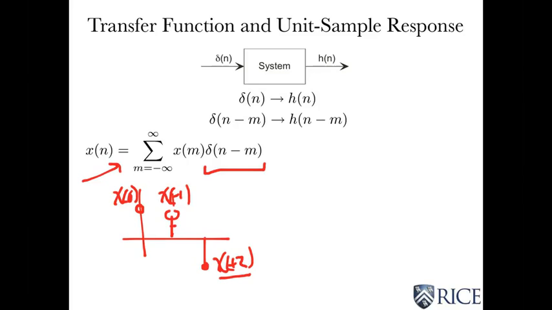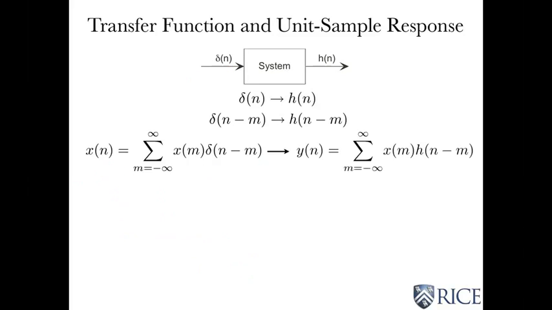That expresses the superposition. Well, if I stick a superposition of signals into a linear shift invariant system, what do I get out? I get a superposition of the outputs to each.